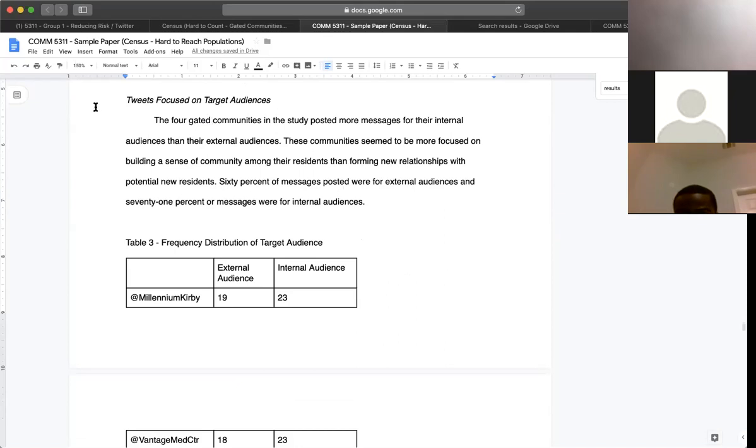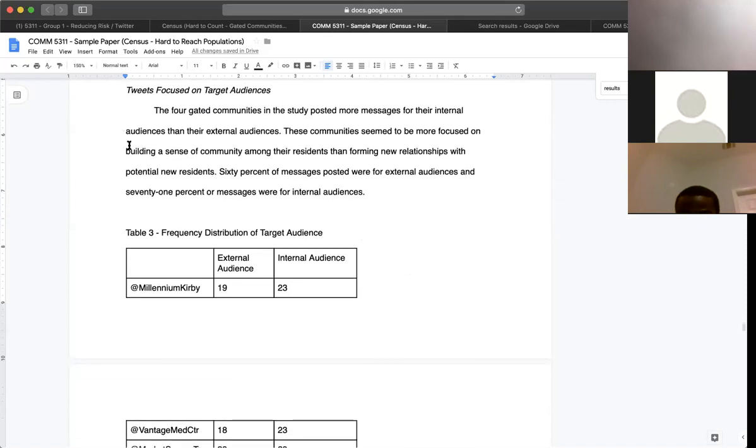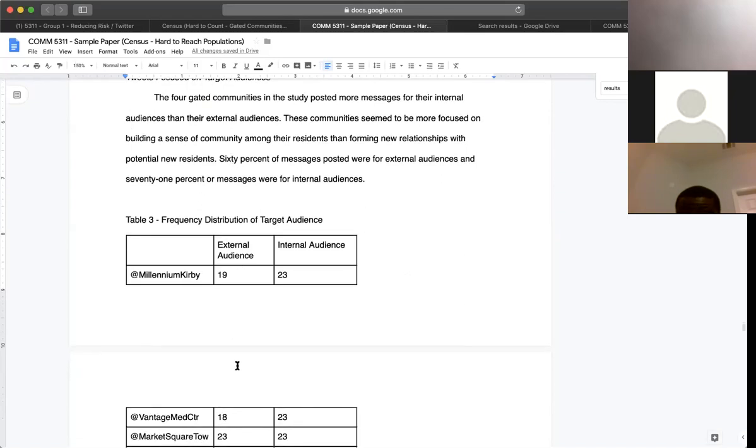Yeah. And then the second to last one is tweets focused on target audiences. So I focused on external audience and internal audience, so the people who want to live there and the people who live there.